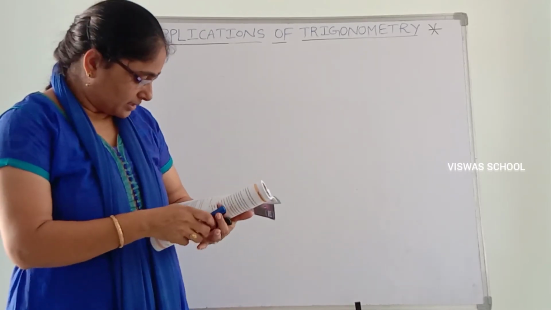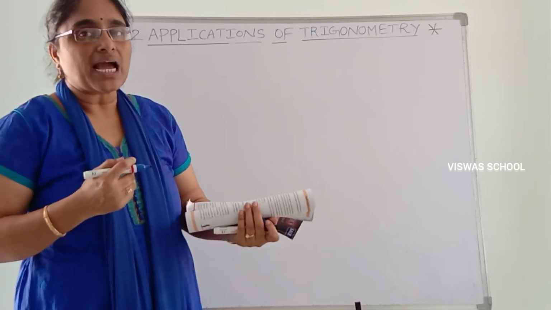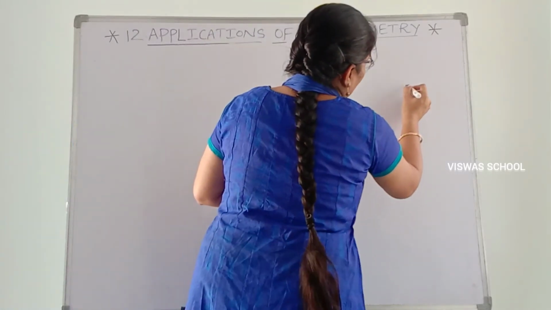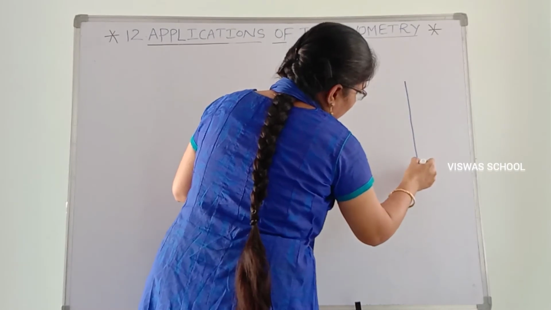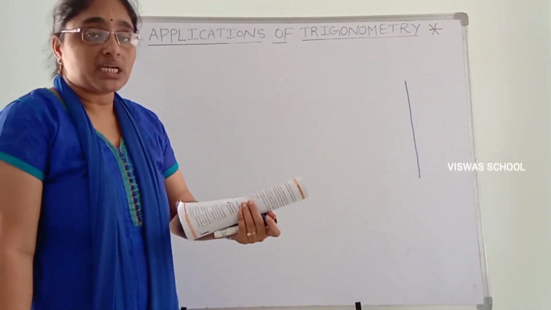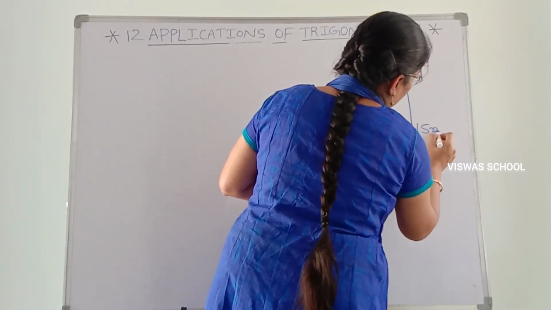Here, the length of the shadow of a 15-meter high pole is 15 root 3 meters. This is the pole, and the length of the pole is 15 meters.